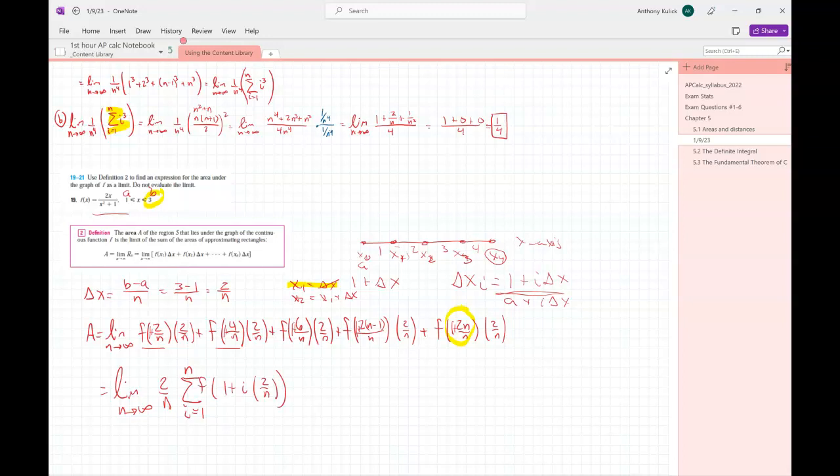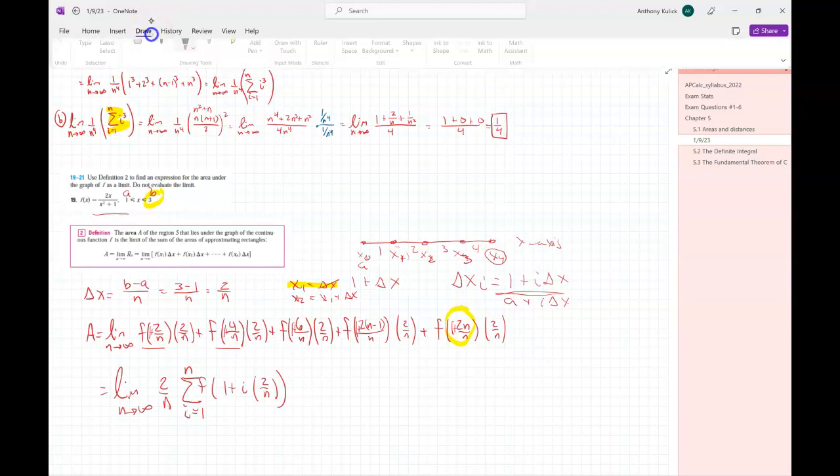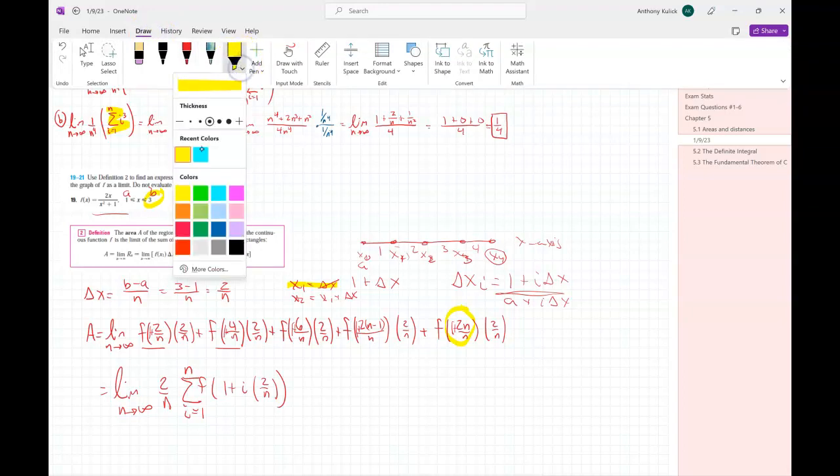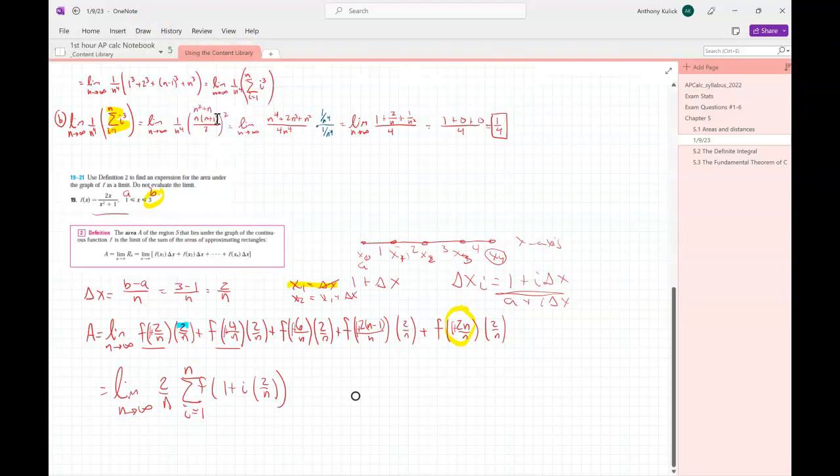F of. So if I look at what I had above, I'm going to just factor out my delta x. Then I'm going to be left with f of 1 plus delta x, 1 plus 2 delta x, 1 plus 3 delta x, 1 plus 4 delta x, 1 plus i delta x.